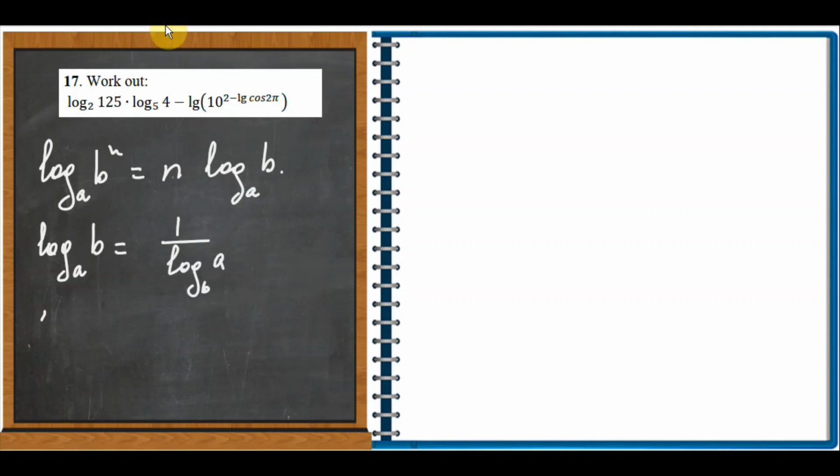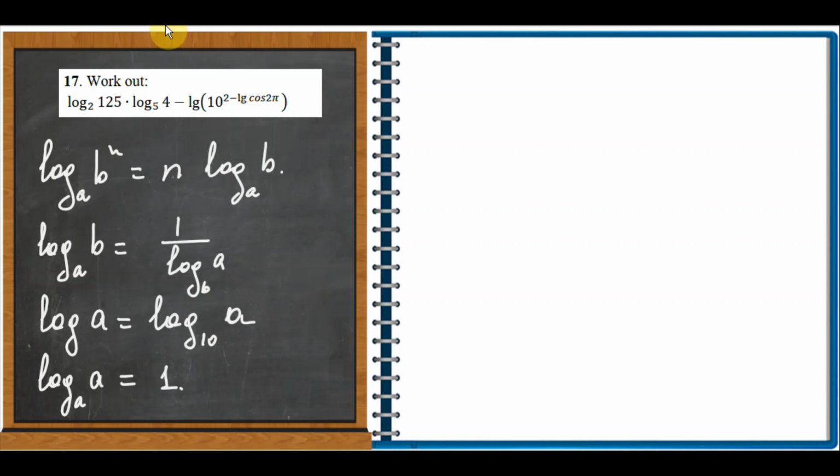Next, when we don't have anything in the base, it's supposed to be 10. Then when the base is equal to the argument, that's going to be just 1.